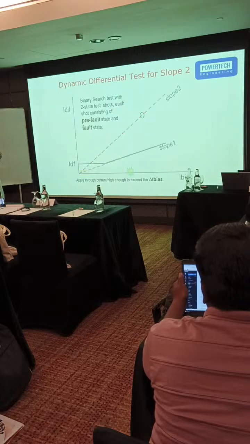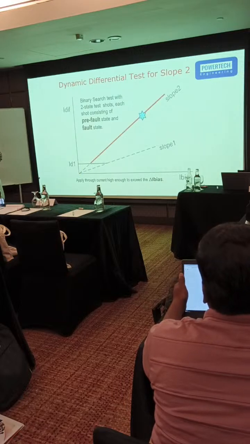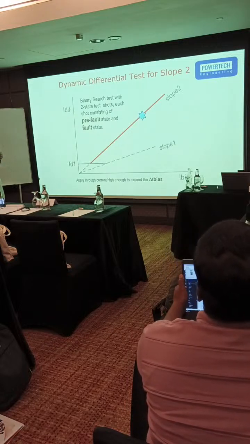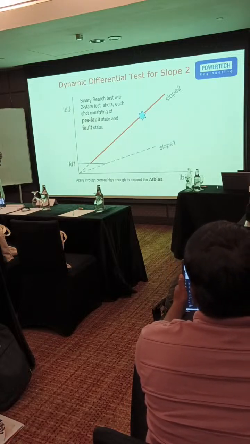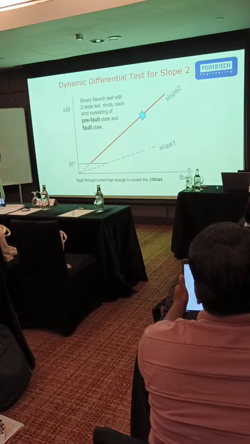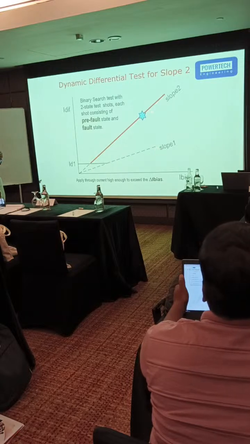Here you can see that this is the normal condition and it moved to this condition. So we can achieve this, and we can verify that during this dynamic condition, this slope is moved to this place.